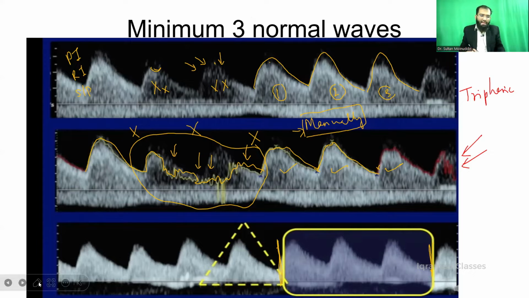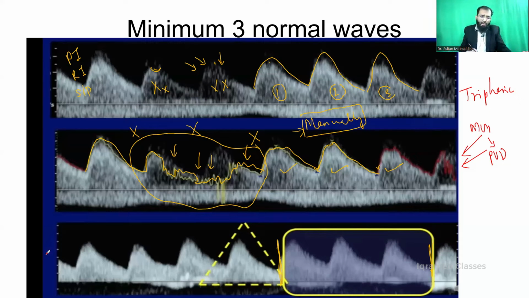So if you start getting monophasic waveform in lower limb, then it is definitely abnormal. Monophasic waveform in lower limb is seen in peripheral vascular disease, PVD, or when there is thrombus proximally. At that time, when there is thrombus, that limb also becomes very important for the body, and the body starts giving collaterals, and hence you would be having a monophasic flow.